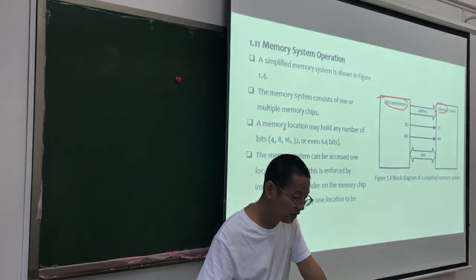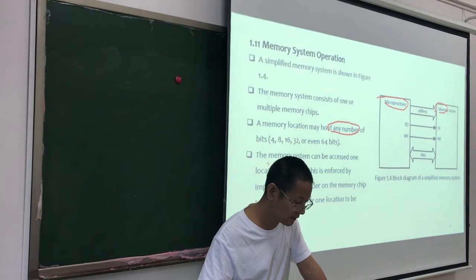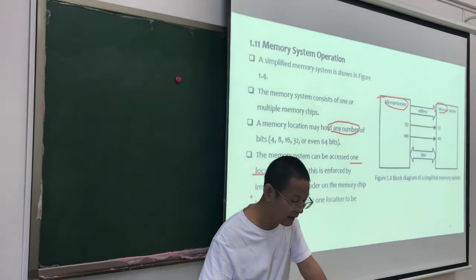A memory location may hold any number of bits of data. The memory system can be accessed one location at a time. This is enforced by implementing a decoder on the memory chip to select one and only one location to be accessed.